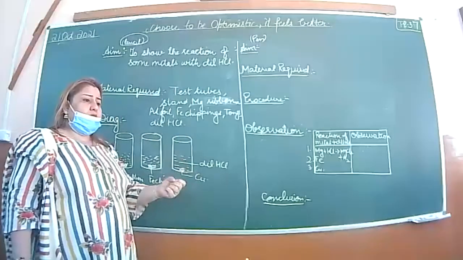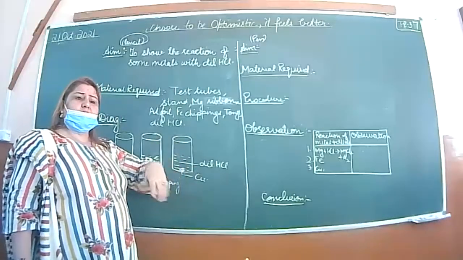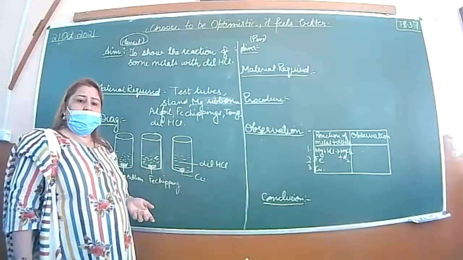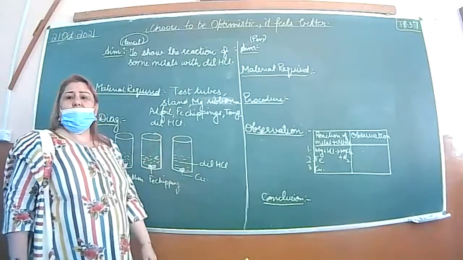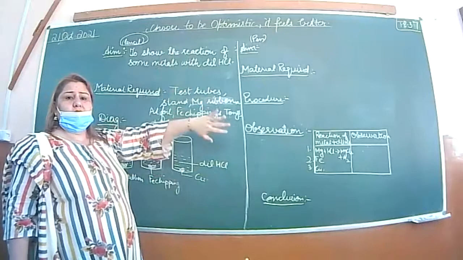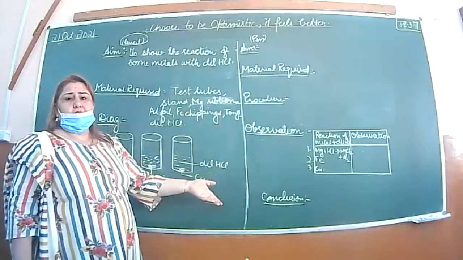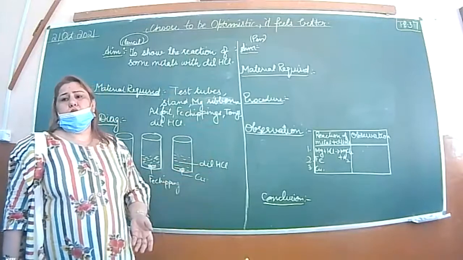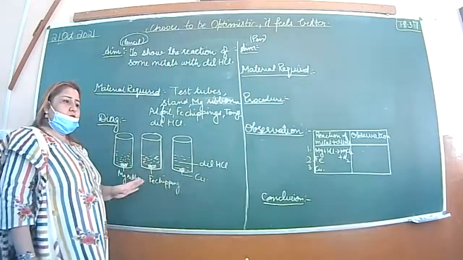You can take the chapati wrap and show the reaction with the dilute HCl, the aluminium foil, and the evolution of hydrogen gas will be there. So this we have to write down in the practical file. And the conclusion: the aim of the activity is that some metals show the reaction with dilute acids and some do not. Is this clear?